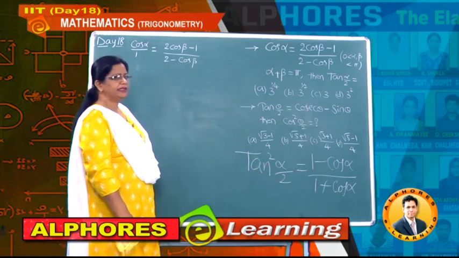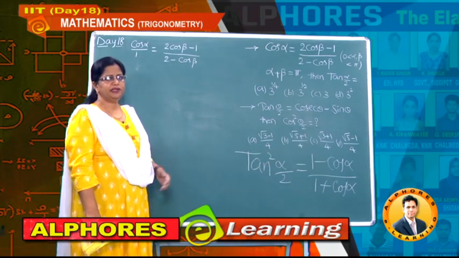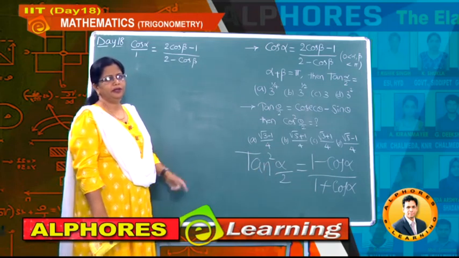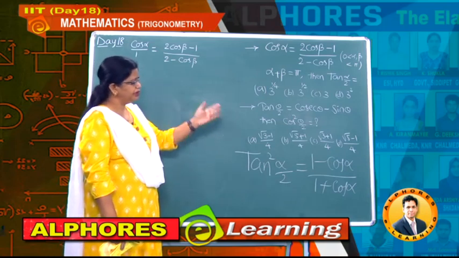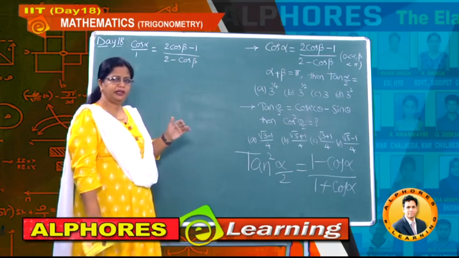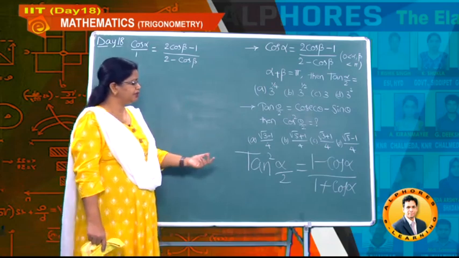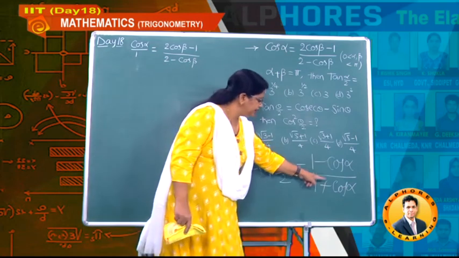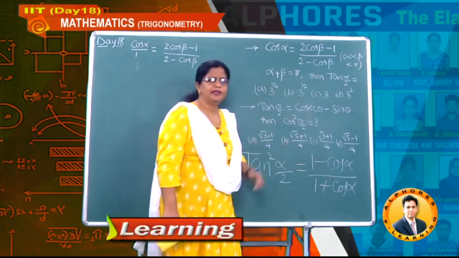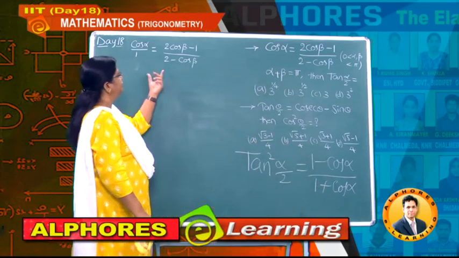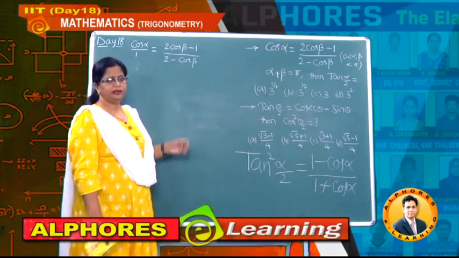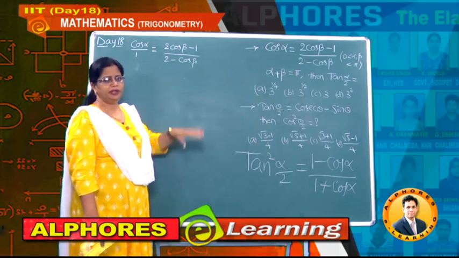In previous sessions we have discussed a concept known as componendo and dividendo. Whenever the numerator and denominator are the same but the sign between them is different, here minus, here plus, or here plus, here minus, then you can easily go with componendo and dividendo so that you can solve the problem in an easy way.